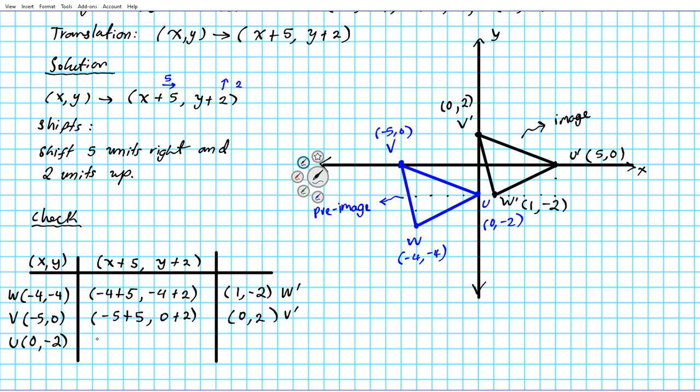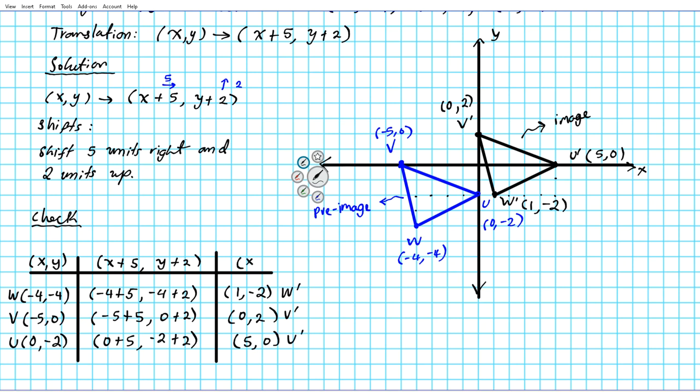And then the last one, we have 0 plus 5, -2 plus 2. If we simplify, we're going to have 5, 0 for U prime.